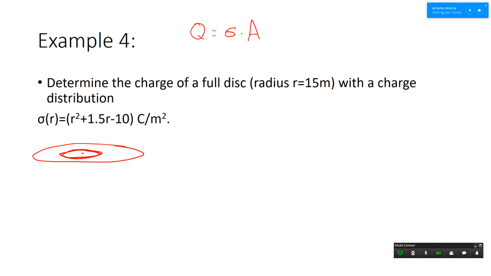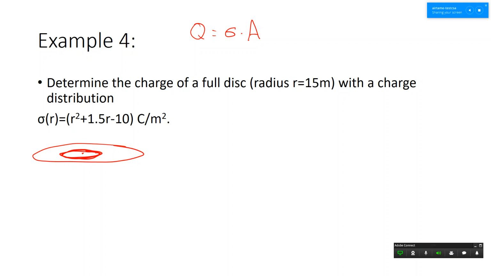So if I take one small ring like this that has a radius r, every point along this ring is going to have the same charge, because my charge density is dependent on radius only. At one given radius, all of the points along that ring are going to be the same charge, uniform.